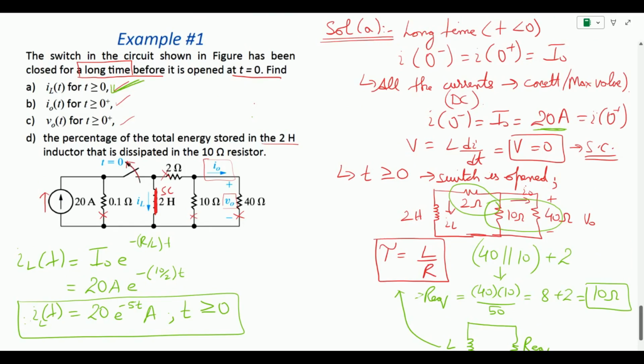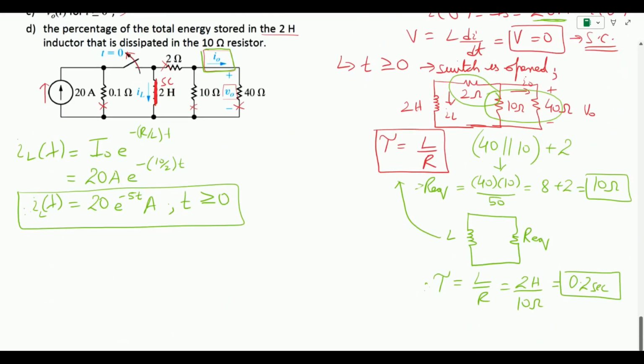In the second part, we need to find i naught(t) when t is greater than or equal to 0. Again, i naught(t) is moving from the 10 ohm and entering into the 40 ohm. So in order to find i naught, we can simply apply the current division rule. Here we need to find the current passing through the 40 ohm.